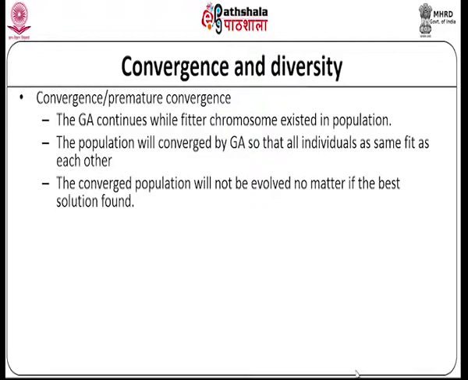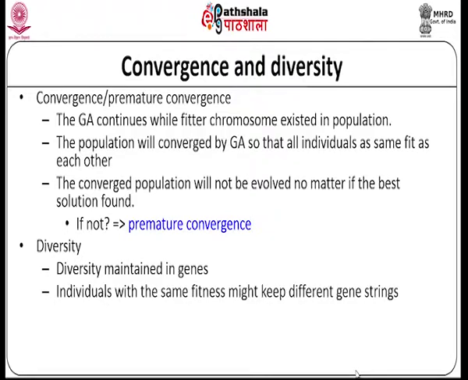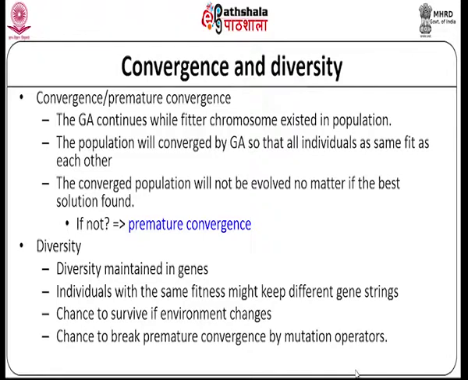So, it will not evolve if the best solution is found; if not, it is premature convergence. Diversity is maintained in genes. Individuals with the same fitness might have different gene strings, same fitness, okay. And they have a chance to survive if the environment changes. So, adaptability is brought in by diversity. The chance to break the premature convergence by mutation operations is also the possibility of divergence.